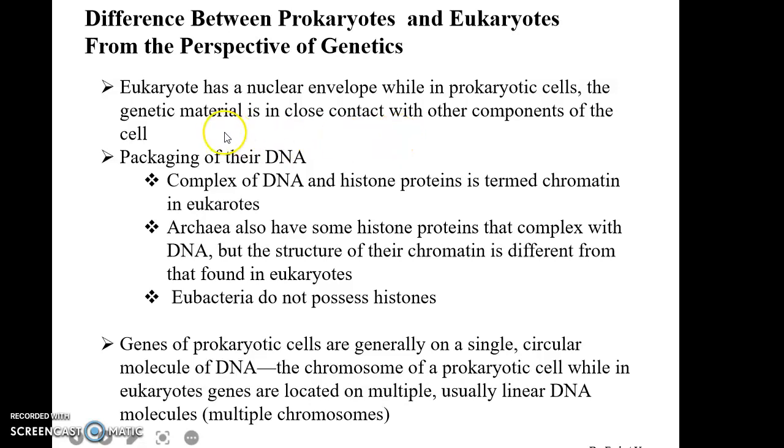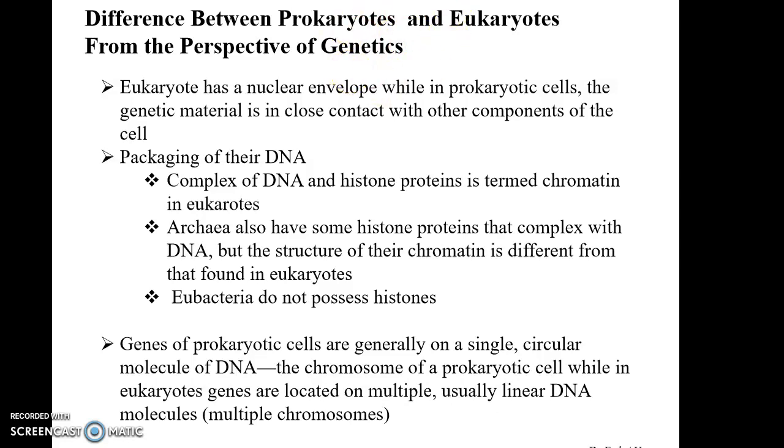The envelope surrounds the genetic material to form a nucleus and separates the DNA from the other cellular contents. While in prokaryotes, genetic material is in close contact with other components of the cell, which is a property that has important consequences for the way in which genes are controlled.